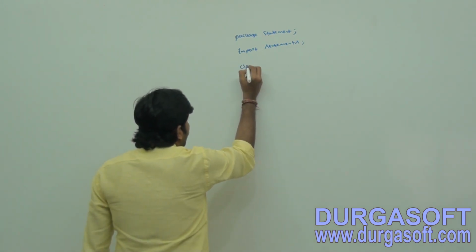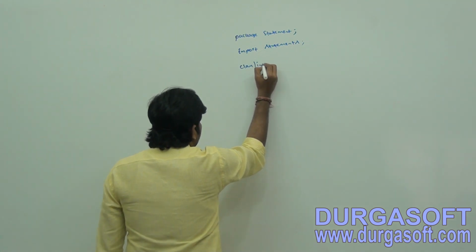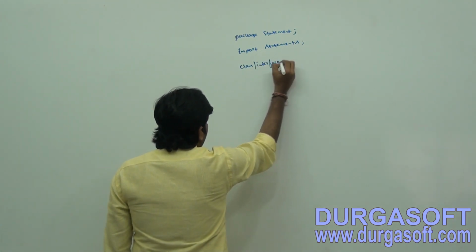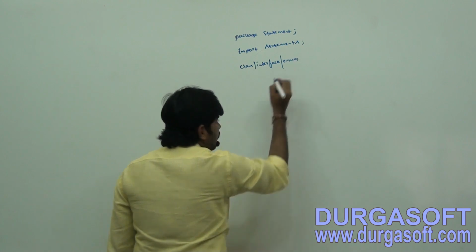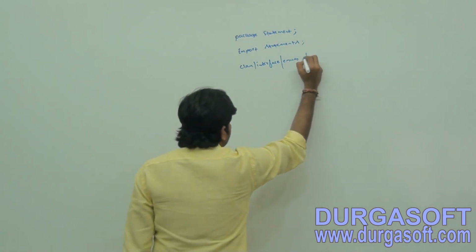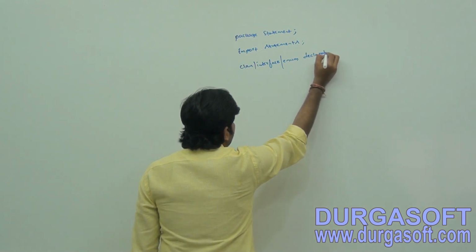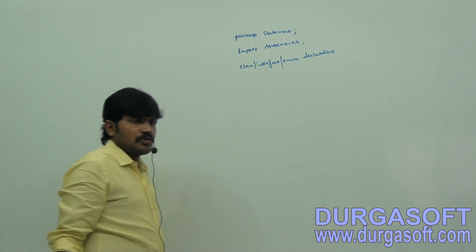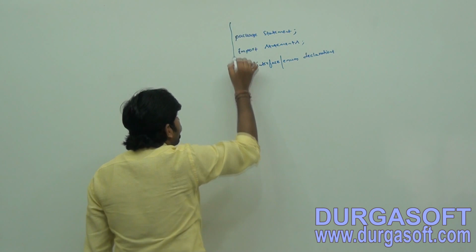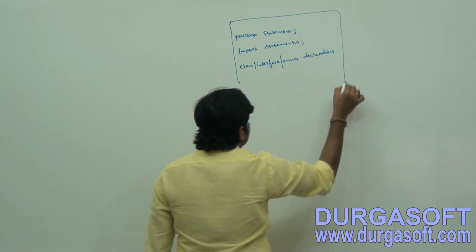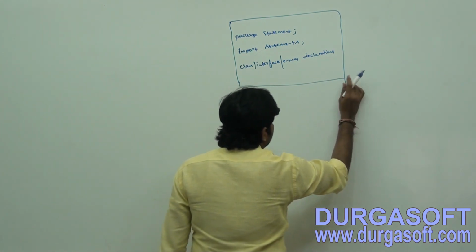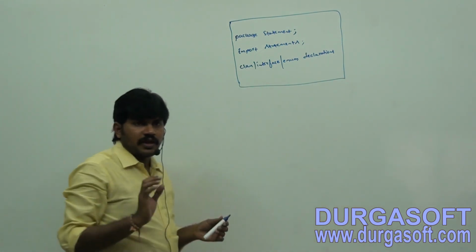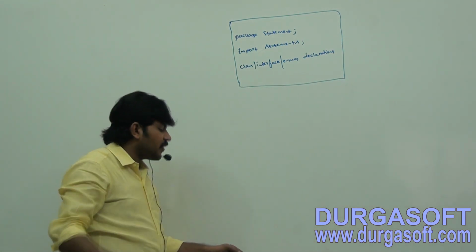Class or interface or enum declarations we can take. This is the valid Java source file structure. This is how things will be in any Java program.